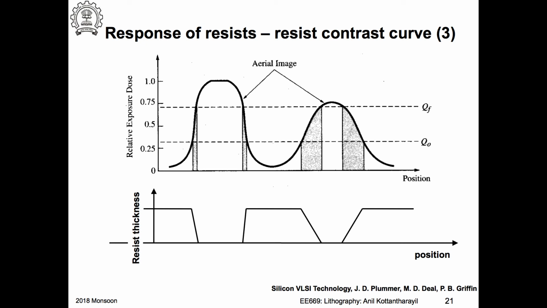So many a time people actually try to do lift-off of gold. So you deposit gold, and let's say I use a very high vacuum technique where it is actually line of sight deposition. So on vertical walls you have no deposition.